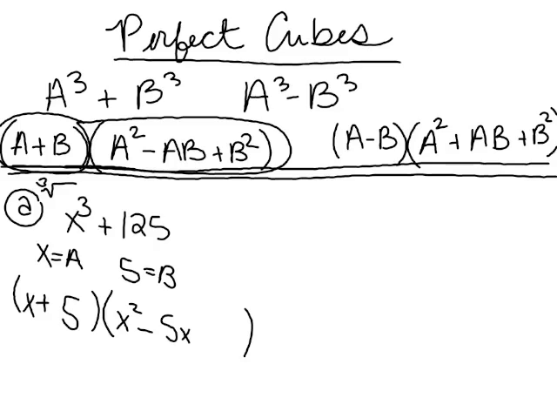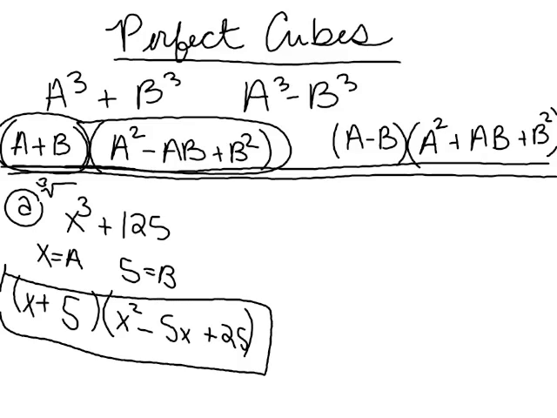So b is equal to 5, so my b squared is 25. This is the format they're looking for you to write your answer in. x cubed plus 125 needs to be rewritten as x plus 5, times x squared minus 5x plus 25. So this is the shortcut way to do all of that factoring.